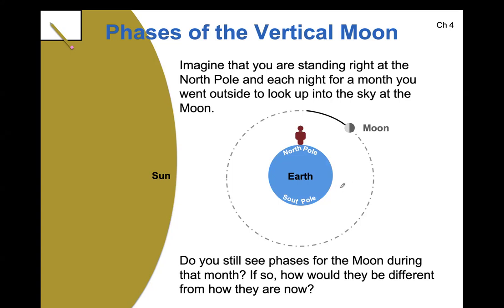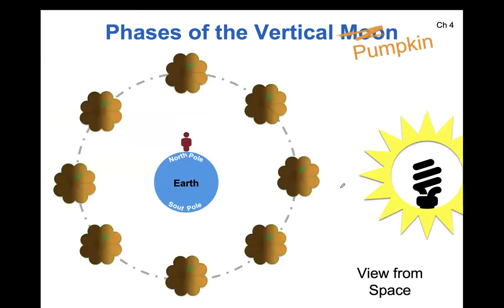Probably the biggest thing, just to spoil some part of it for you, mostly I just want to leave this as an open question, is that the rising and setting, the way the moon would rise and set or not rise and set, would be the biggest difference. All right.